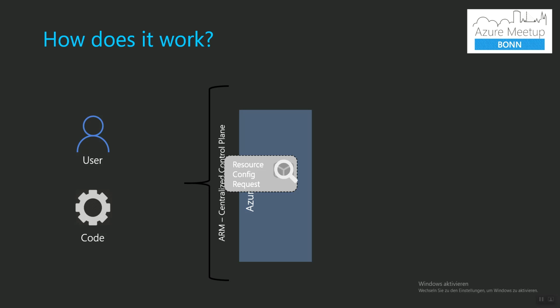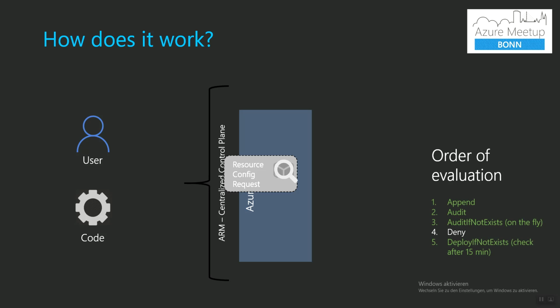The Azure Policy layer checks this request and will allow or disallow it. And in evaluation, we have in general 5 different evaluation modes. This is the append, the audit, the audit if not exists, the deny mode, or the deploy if not exists.